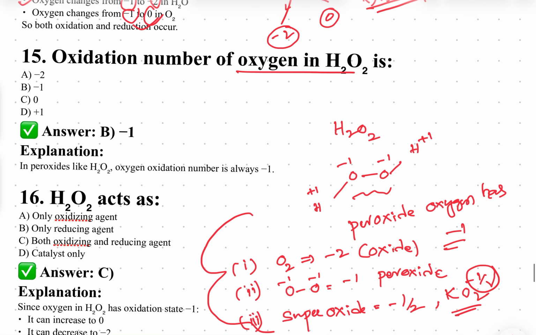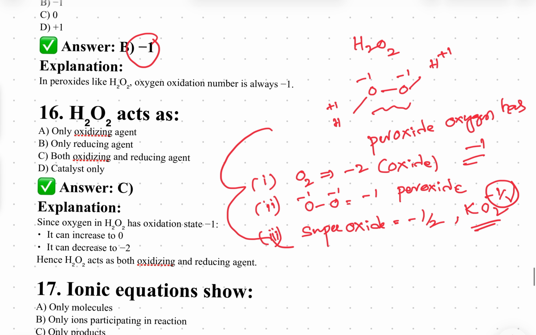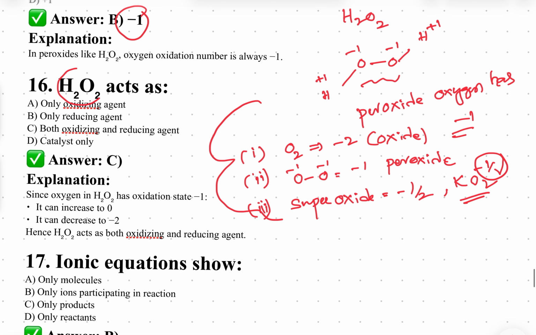Therefore, in hydrogen peroxide, oxygen is minus 1. Don't forget this. Clear, students? Any doubt in this? Very good. Next one. H2O2 acts as both an oxidizing agent and a reducing agent, which is very important. We'll discuss it in future, as we have more information about hydrogen peroxide.